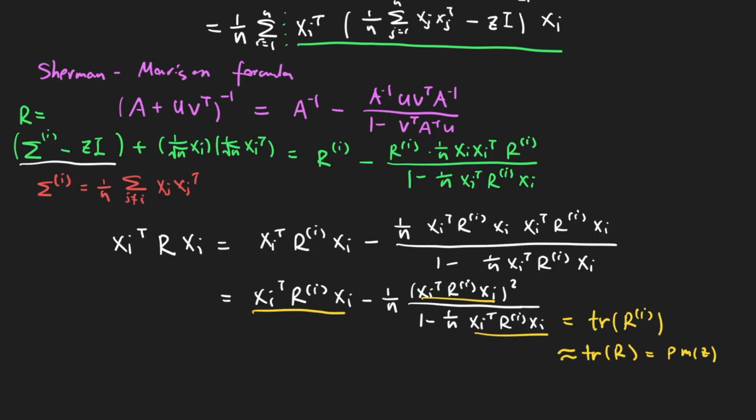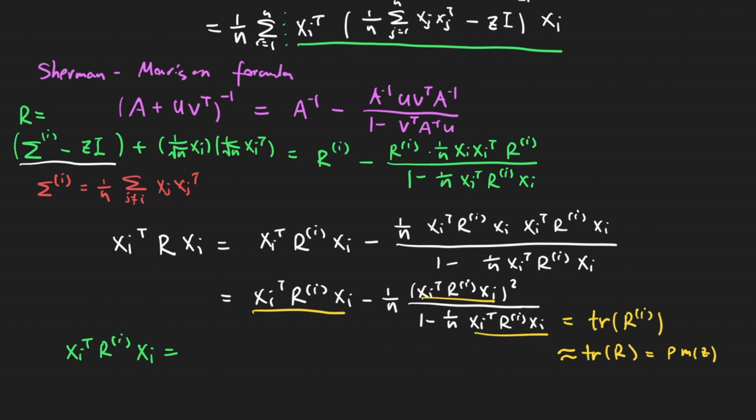Okay, but let's slow down a little bit here to see why this is the case. So let me take these terms out, right? So we have xi transpose R superscript I xi. We can actually expand this with a double summation, right?